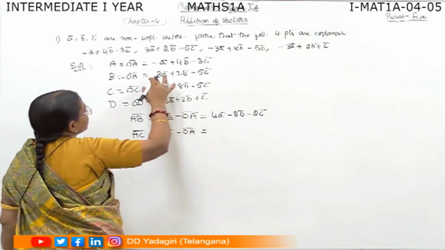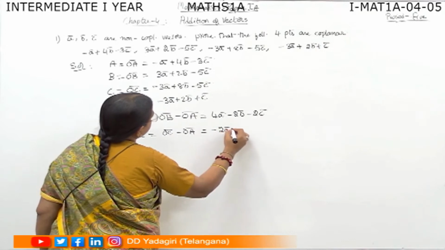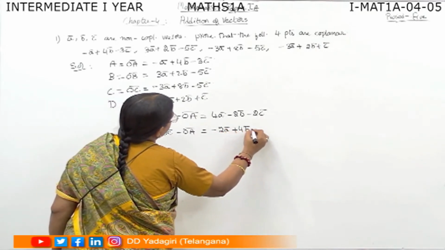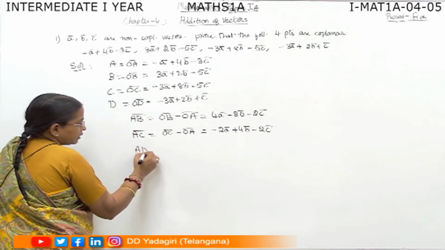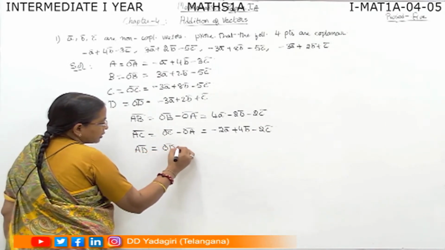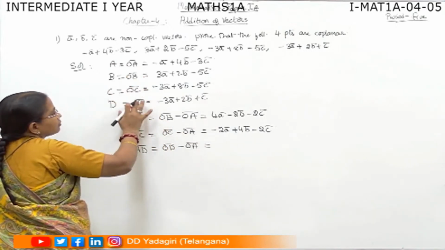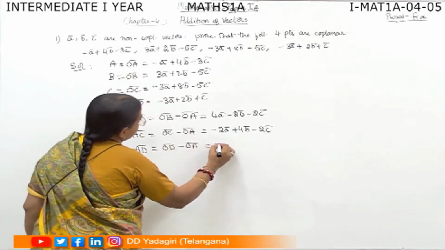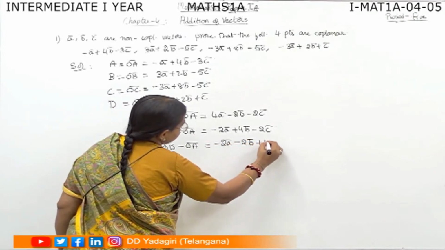So this minus this, so it is minus 2a plus 4b minus 2c. Next is AD. AD is equal to OD minus OA. Subtract. Then it is minus 2a minus 2b and then plus 4c.